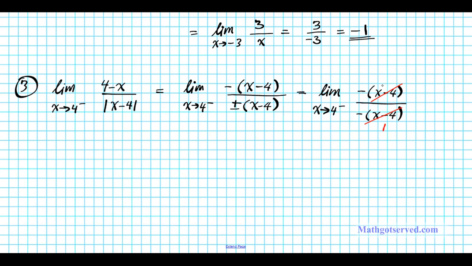X minus 4 goes here once, x minus 4 goes there once. So we have the limit as x approaches 4 from the left. Negative 1 over negative 1 is what? Simply 1, right? So the limit as x approaches 4 from the left of 1, this is a constant function independent of where x is going, so our final answer is going to be 1.